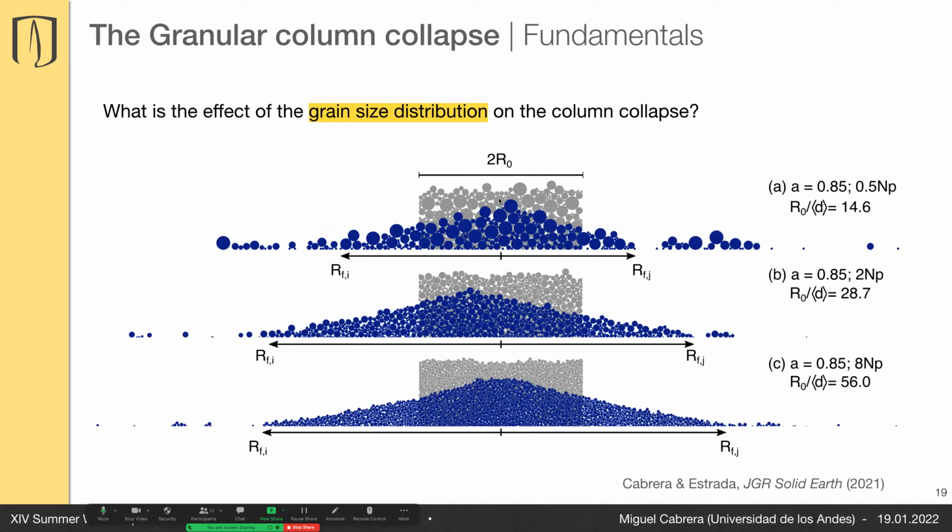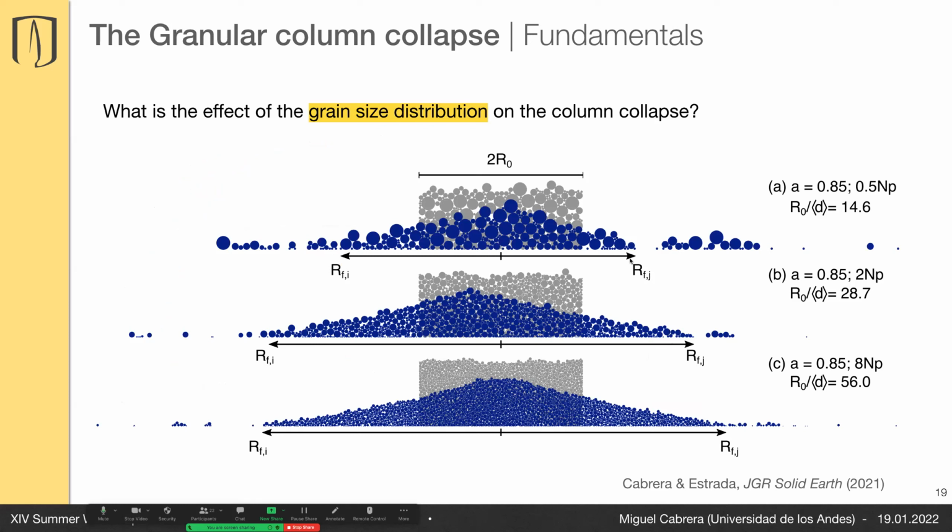Just showing you some examples of it, you can tell that the mobility of the system, again, told by how far the deposit reaches sideways, is very much controlled by the grain size effects if you have a smaller number of particles. When you have a smaller number of particles, the effect that a big particle has on the mobility of the column is very dramatic.